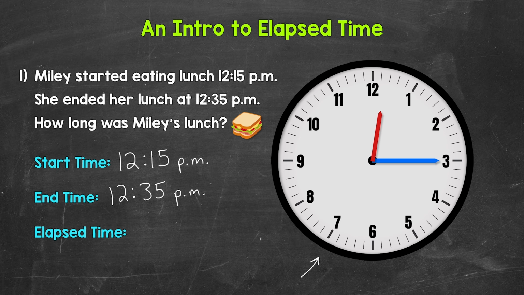So starting at 12:15 here, we have 5 minutes, 10 minutes, 15 minutes, and 20 minutes to get to 12:35. So 5 minutes plus 5 minutes plus 5 minutes plus 5 minutes again gives us 20 minutes. So Miley's lunch was 20 minutes long.